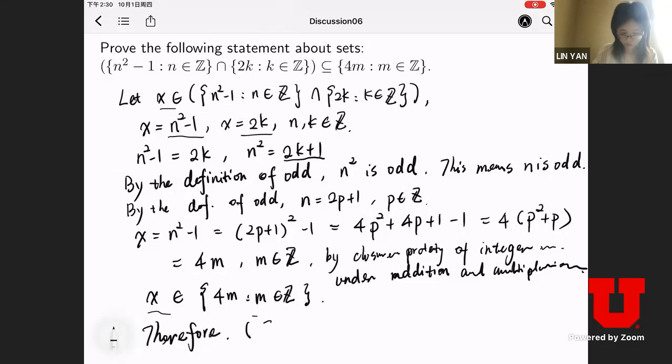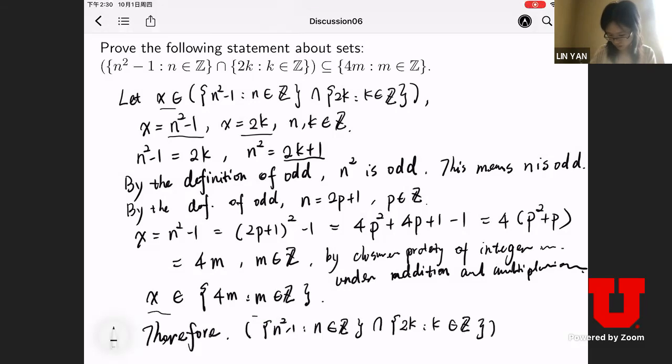Therefore, the left-hand side is a subset of this right-hand side. Done? Any question about this question?